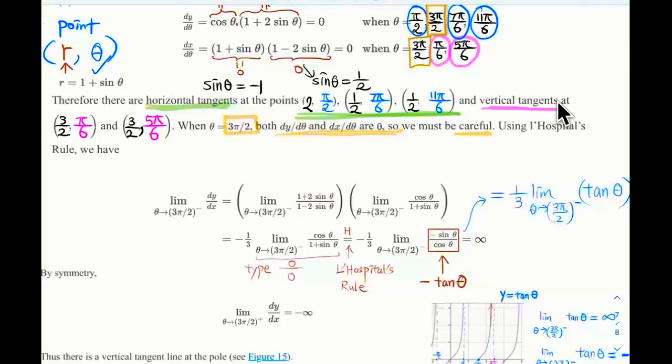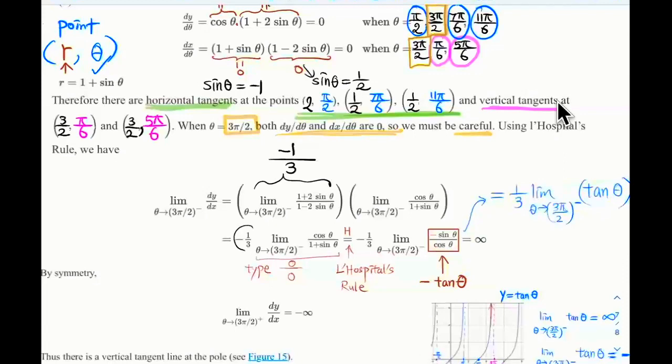Then in the denominator, 1 minus 2 times -1 is the same as 1 plus 2, so you get 3. So this part gives you -1/3.